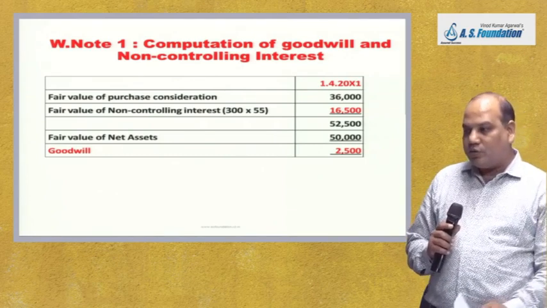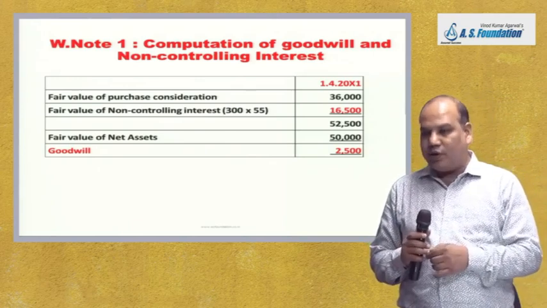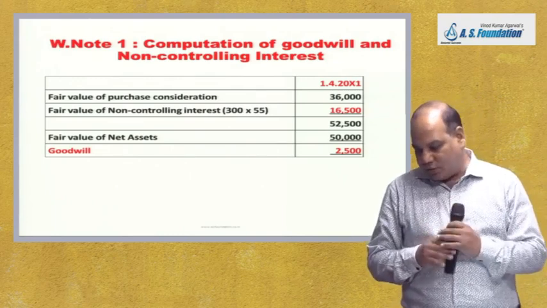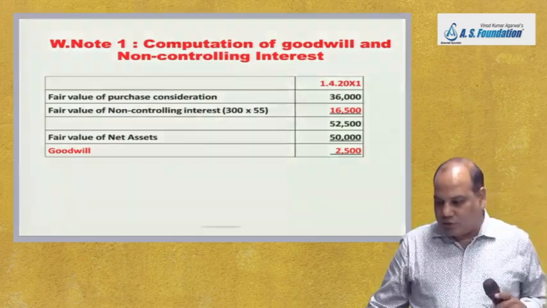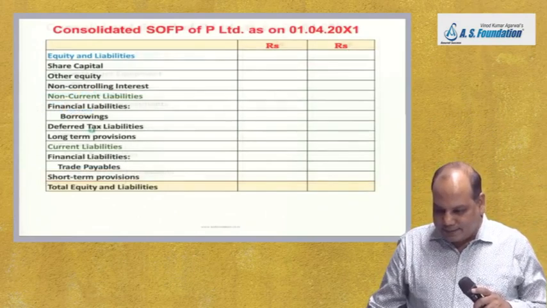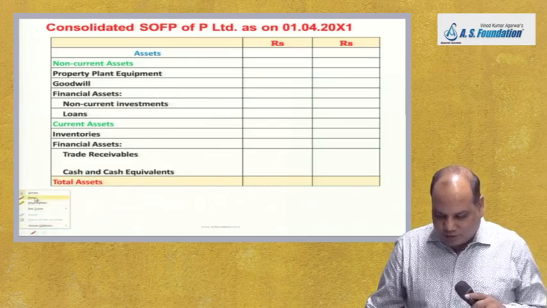So therefore goodwill is 2,500. And in the process NCI also we have found out, 16,500. Is it right? Now let us complete the answer.